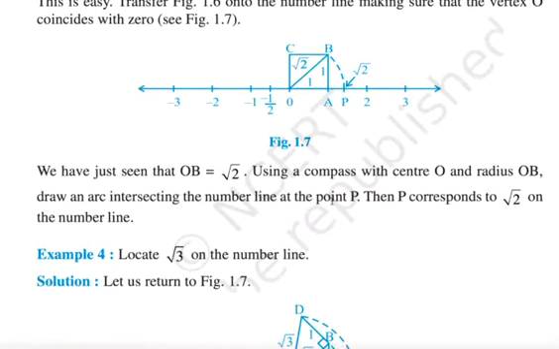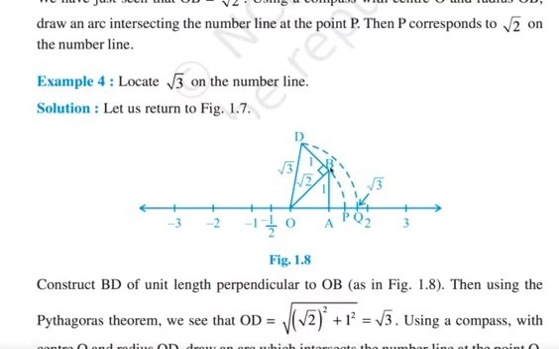Locate root 3 on the number line. Once you got root 2, what you have to do again is draw a line BD perpendicular to OB with a length 1 centimeter. Then this OD is nothing but root 3 according to Pythagoras theorem.